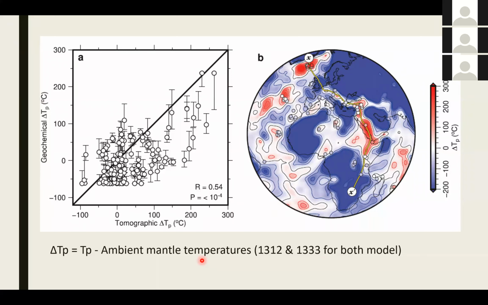They assume that's the asthenospheric mantle's temperature.